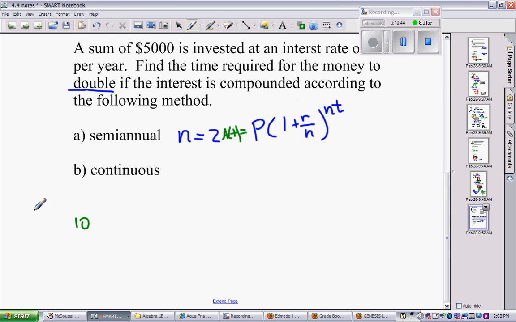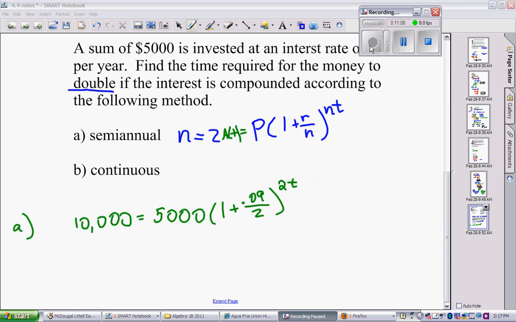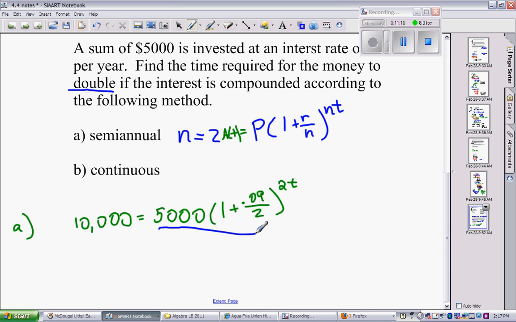So, this is part A: 10,000 equals 5,000 times 1 plus 0.09 over 2 to the 2t. Your first step is to divide by 5,000. The left side will go down to 2.